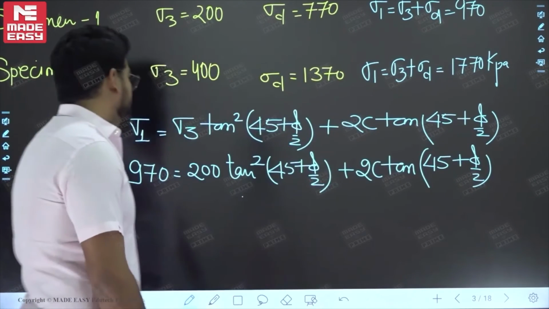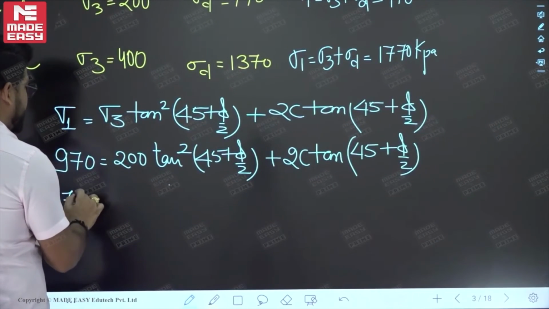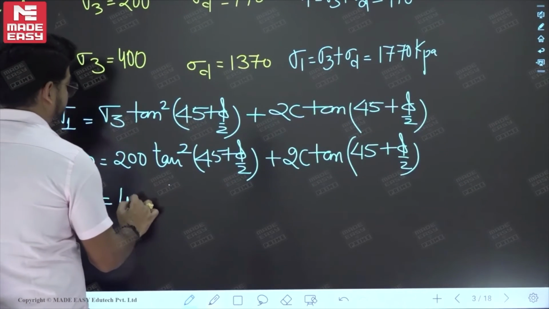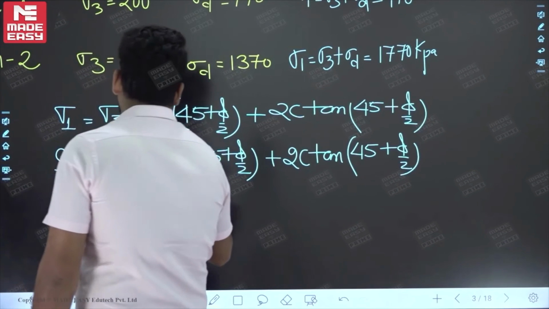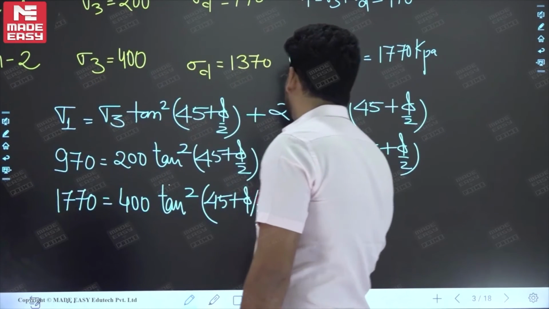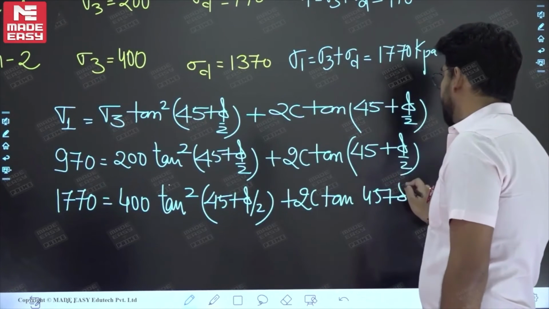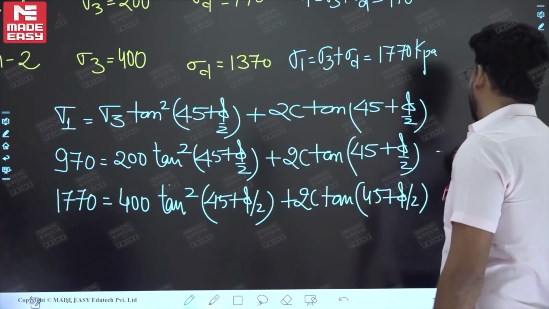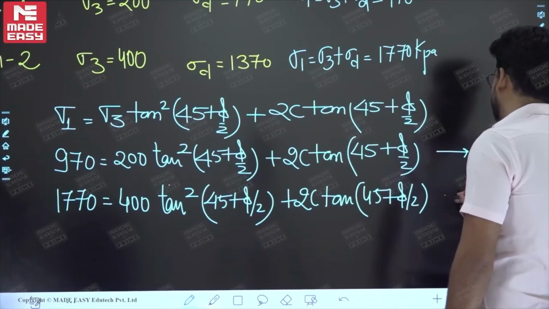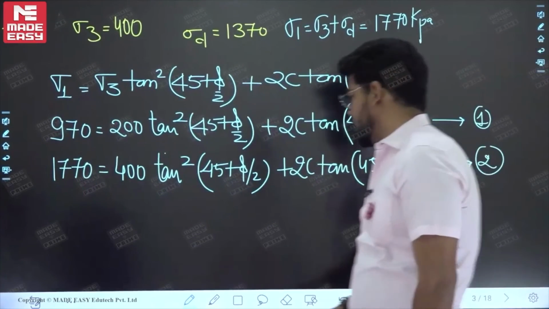This is equation number 1. Equation number 2: 1770 equals 400 tan square (45 plus phi by 2) plus 2c tan (45 plus phi by 2). So now we know there are 2 equations and 2 unknowns, so we can easily solve.